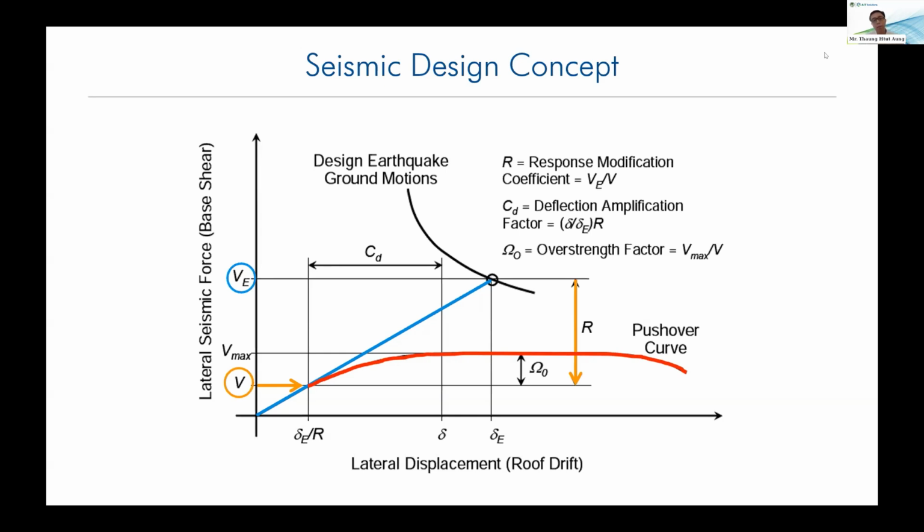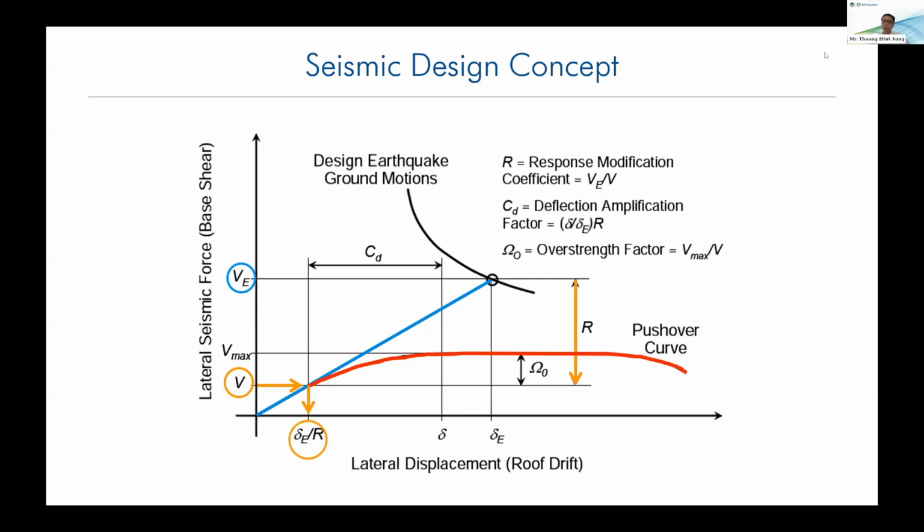In that case, if the demand exceeds our design capacity, the members start yielding and the deformation will increase. So the building develops a nonlinear response, as shown in the red line.